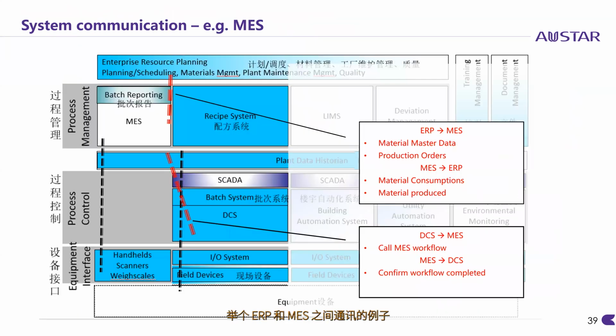To give you two examples of this communication, let's say between ERP and MES: ERP will have to provide MES with material master data, what type of materials we have, and also will provide the MES with production orders. On the other hand, MES will report to ERP what material consumptions were performed, how much material, and what material was produced.